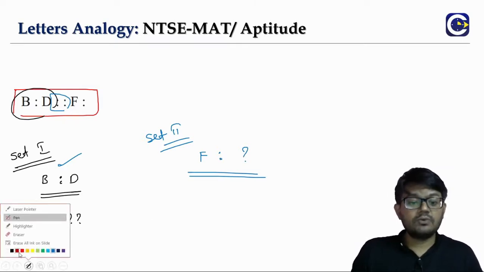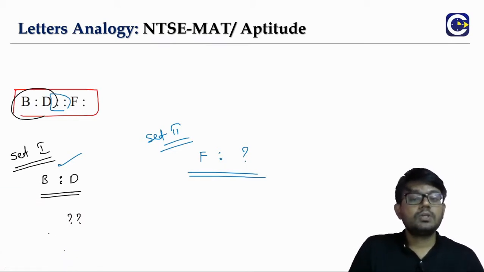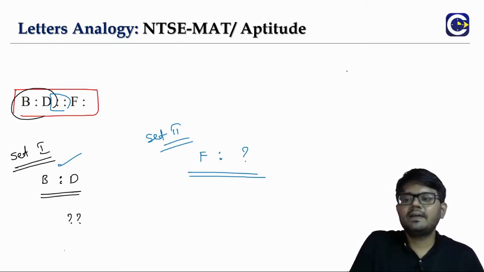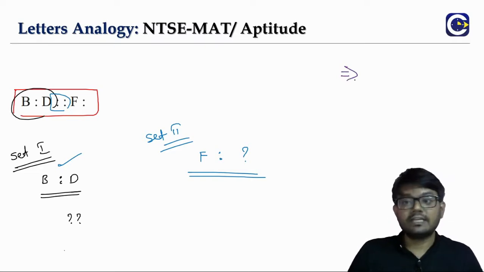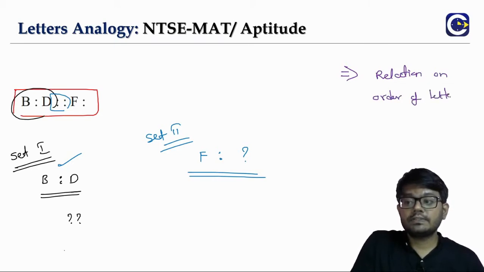Sometimes we may have some very straightforward relations. Look at this. Usually, this is a thumb rule that we follow when it comes to the letters analogy. Most of the times we will have the relation based on the order of letters.